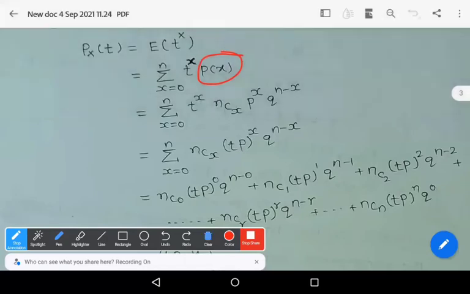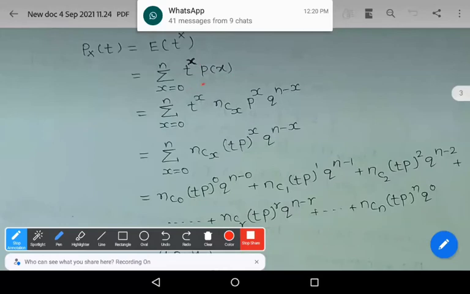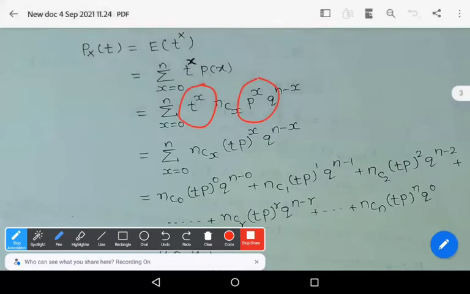Now simplify: summation x = 0 to n of t^x nCx p^x q^(n-x). These two terms, t^x and p^x, can together be written as (tp)^x.